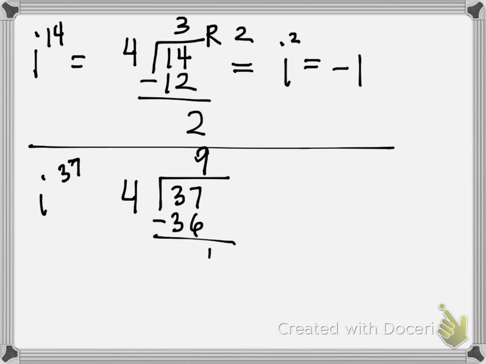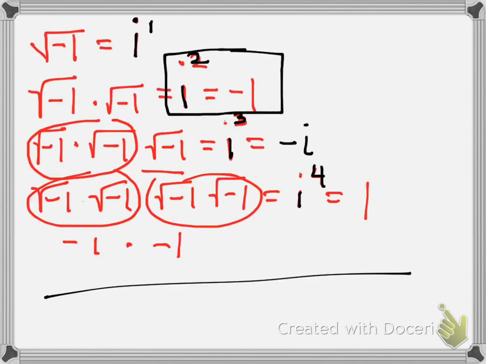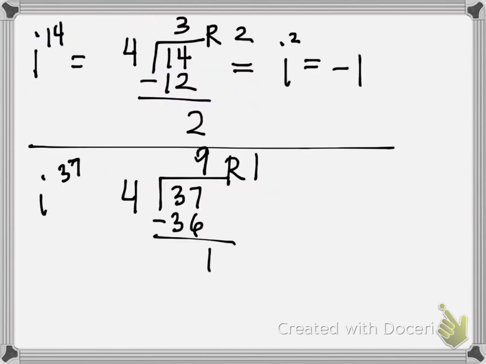Then you subtract and you get 1. So your remainder is 1. That's all you really care about. And if you go back to your pattern, remainder 1 is just i. So you call it i. Done.